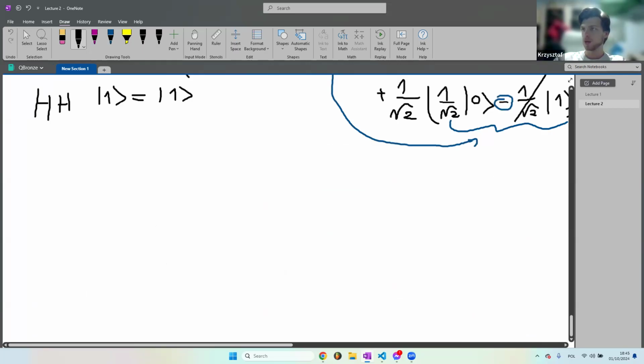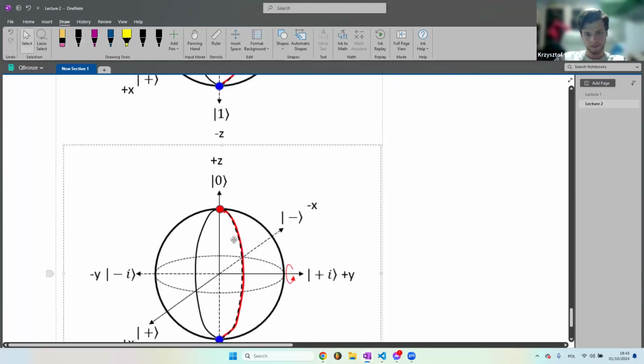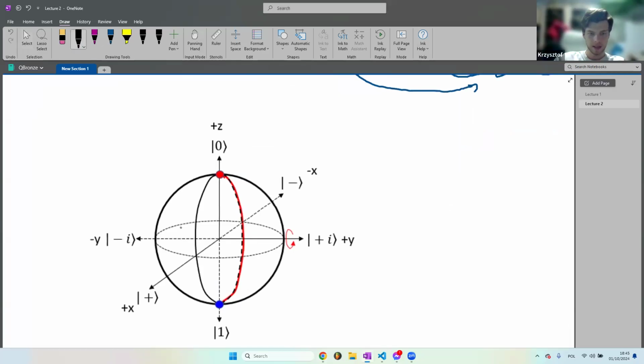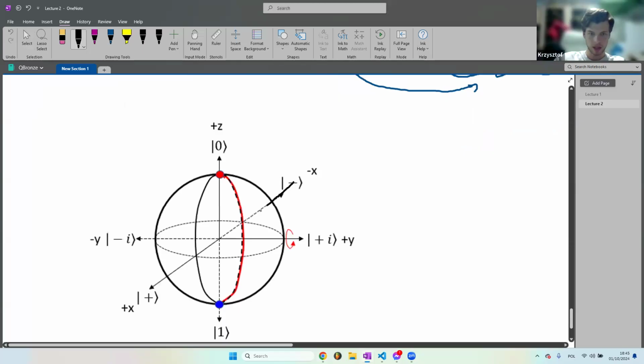Now I would like to introduce the concept of the Bloch sphere, because I believe it's a very useful representation of how those quantum gates work. But it unfortunately involves imaginary numbers, which we won't cover here. You can think of the X gate as a rotation about the x-axis.